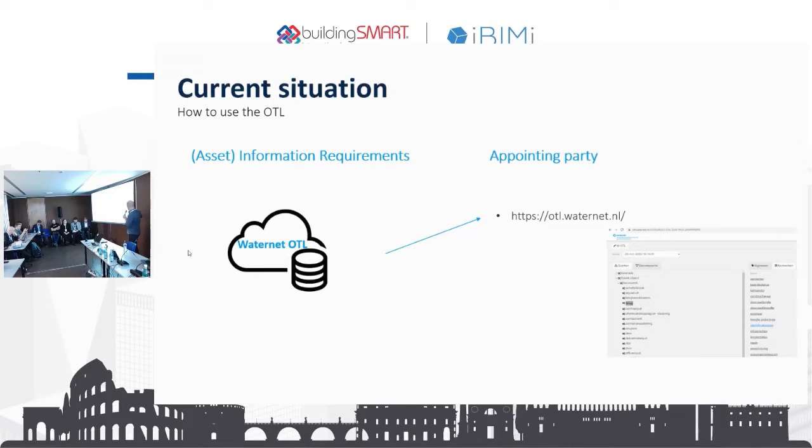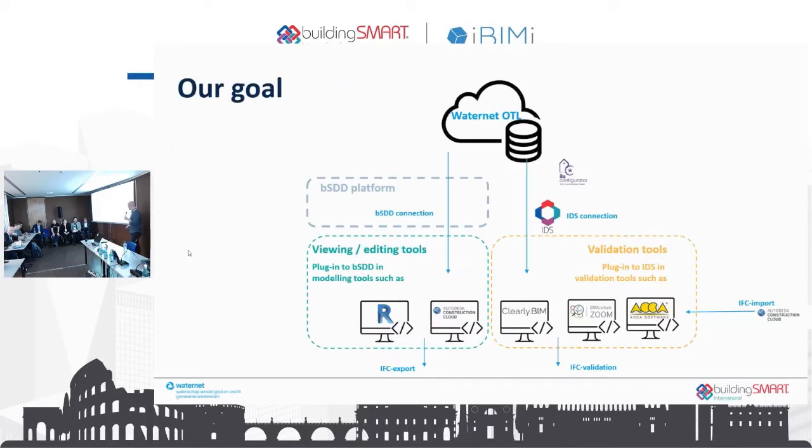This is not a workable way. Sometimes we give them an Excel. That's also not a workable thing. Or you can get a turtle file, but it's not what we prefer. So we're looking for a solution. How can we present the information requirements better to our client, to the client parties?